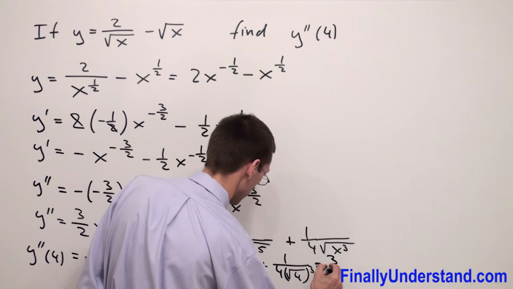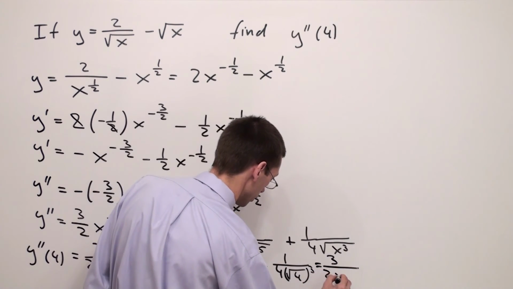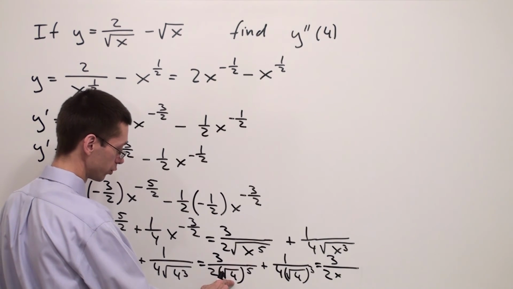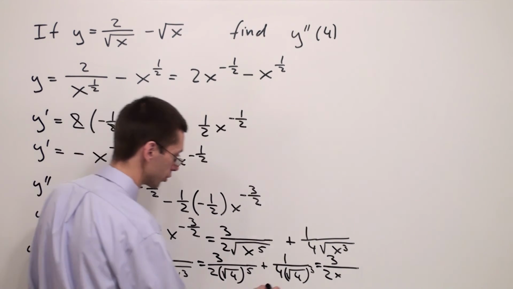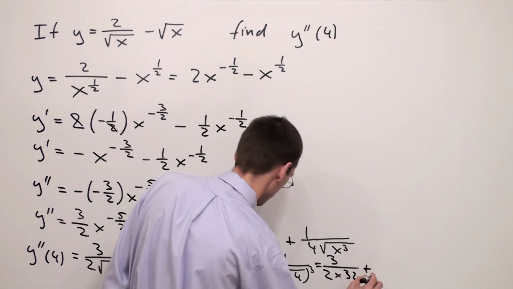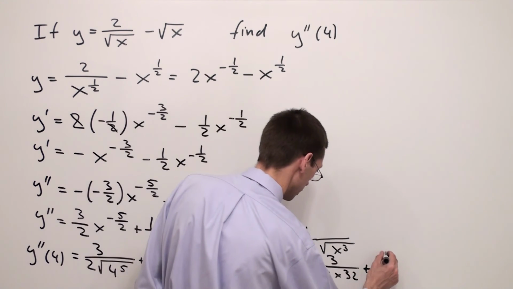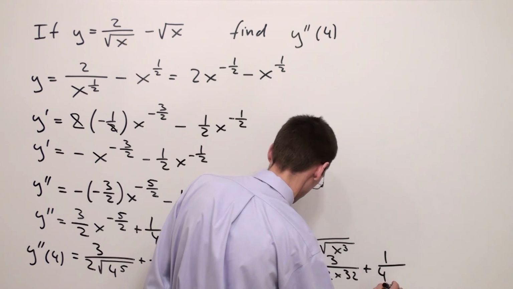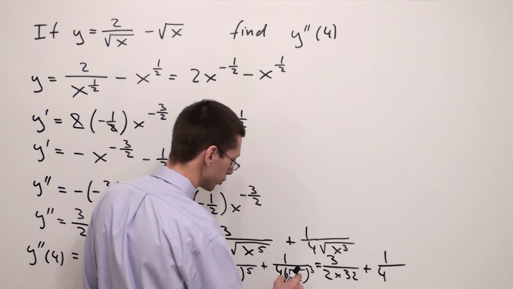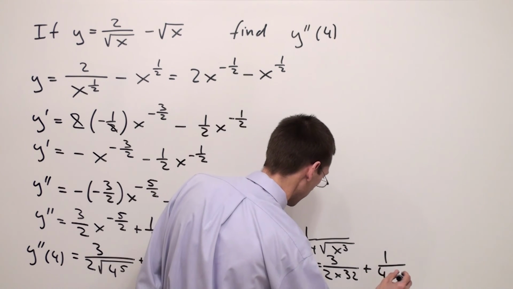This is equal to 3 over 2 times the square root of 4, which is 2, to the 5th is 32, so 32, plus 1 over 4, the square root of 4 is 2, and 2 to the 3rd is equal to 8.